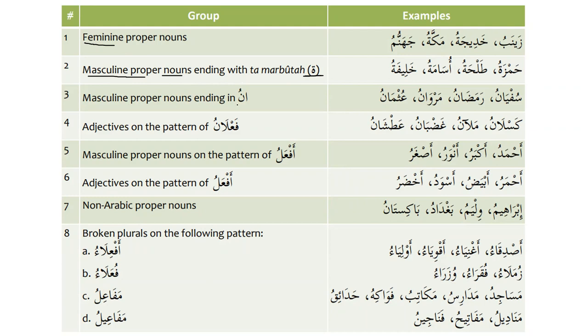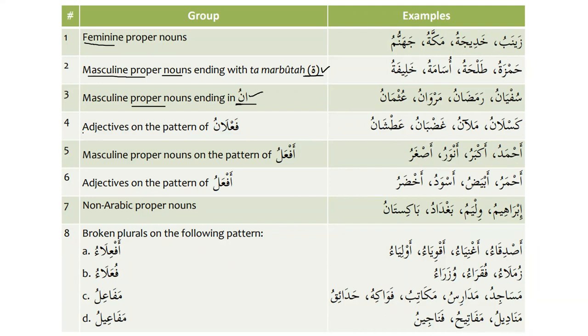Masculine proper nouns ending with alif and noon, we call it alif noon zaidatan, we can say as well. So Sufyanu, Ramadanu, Marwanu, and Uthmanu. So masculine proper names that end with alif and noon. So if it's a masculine name that ends with ta marbuta and it ends with alif and noon, it will be diptote or mamnu min as-sarf.